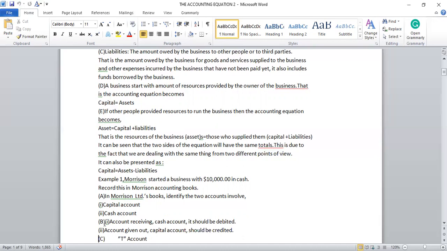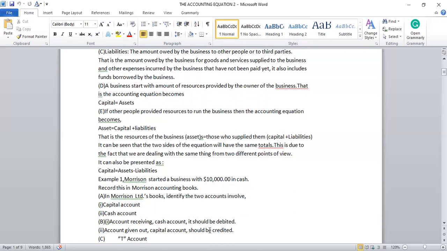Okay. Then the second principle is that after you have recognized the two accounts involved, you go on to B. You identify the account receiving, that is the cash account, which should be debited. Two, the account giving out, the capital account, should be credited.